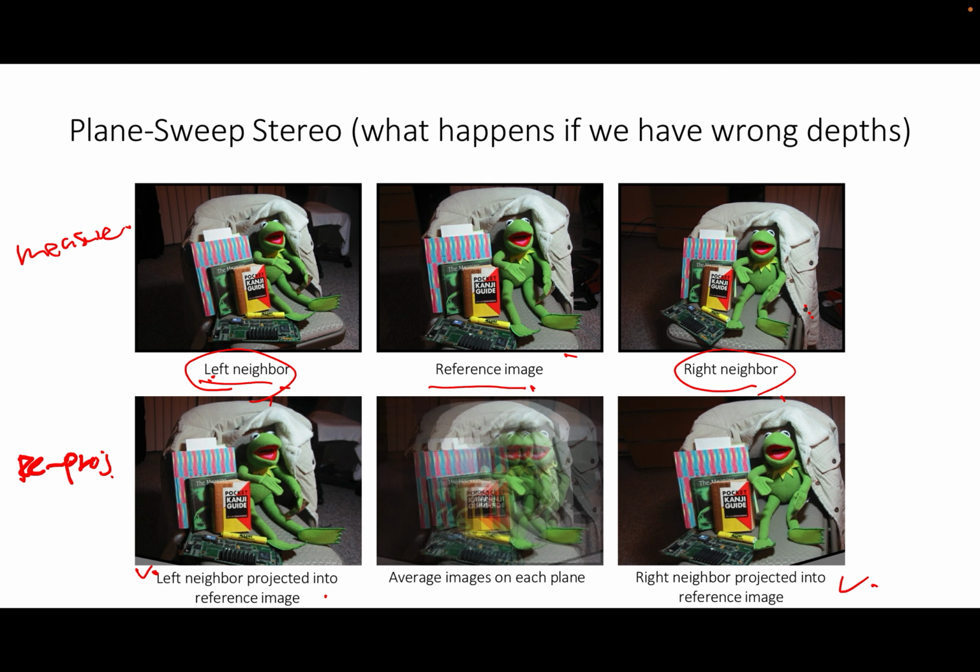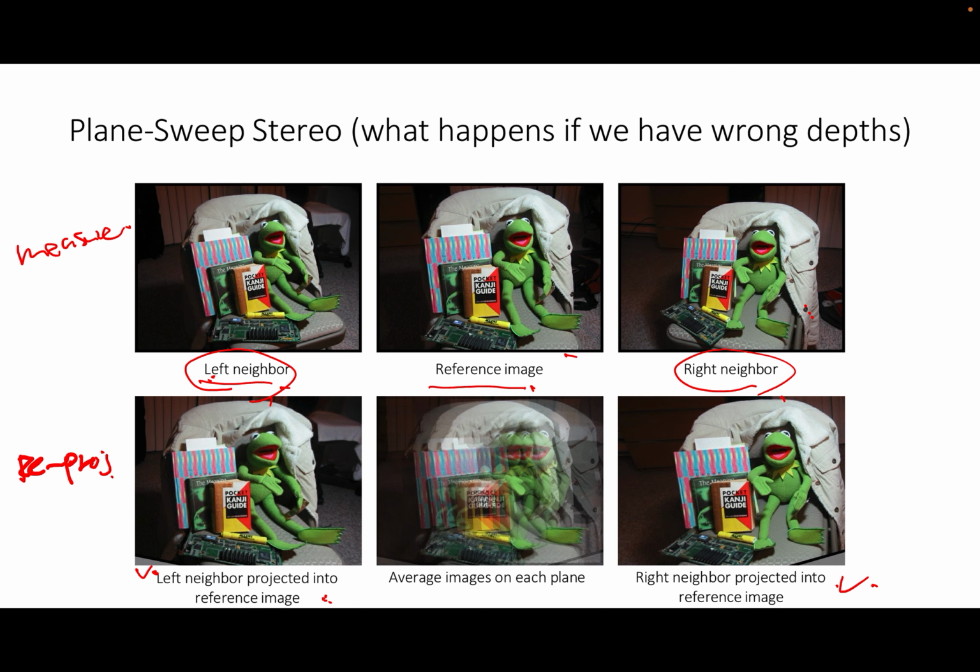Assuming we have good camera parameters from camera calibration or epipolar geometry, then we can warp the left and right neighbor images to the reference image space. So we can just apply the homography transformation, right?